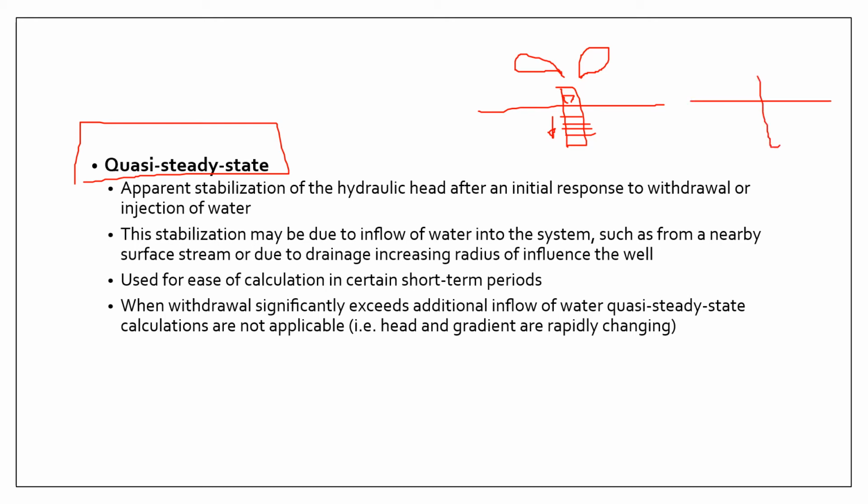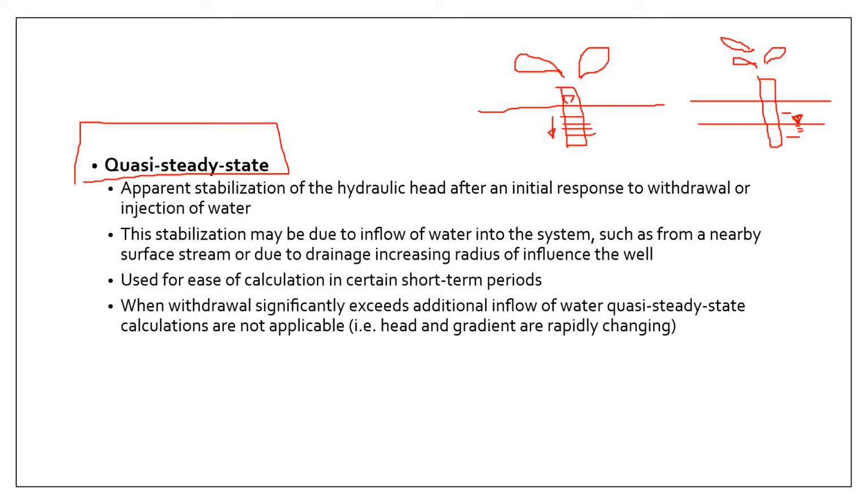But after some period of time, as you're constantly pumping out water, your water table will eventually stabilize for a certain period of time. It can stabilize briefly to a certain level, and we can approximate that state as a quasi steady state.